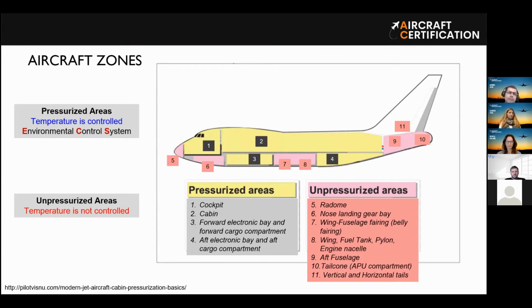So both the pressurized and the unpressurized areas, the thermodynamic engineer has to guarantee that both on ground and in flight, on a hot day or on a cold day, the temperature is within adequate limits.